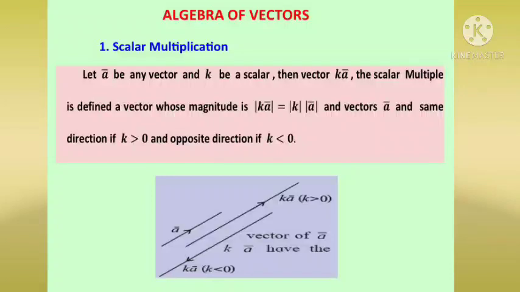In the diagram you can see there is one vector a bar and two vectors k into a bar. When k is greater than 0, the direction is the same as a bar, and when k is less than 0, the direction is opposite to a bar. So this is called scalar multiplication. Clear?